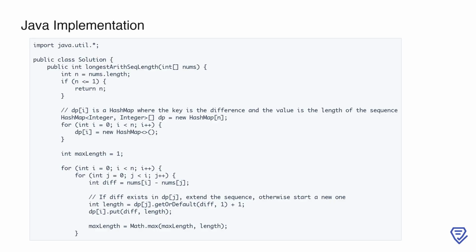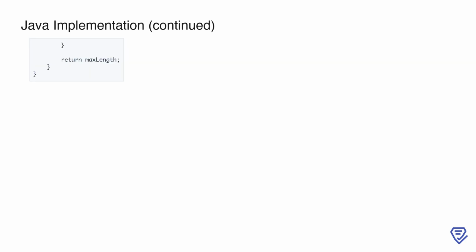The updated length for that difference is then stored in the current index's hashmap, and we update maxLength if this new sequence is the longest one found so far. Finally, after the nested loops have processed all pairs of indices, the maxLength variable contains the length of the longest arithmetic subsequence in the array. We simply return this value as the result. This implementation efficiently tracks all possible arithmetic sequences and their lengths using dynamic programming and hashmaps.